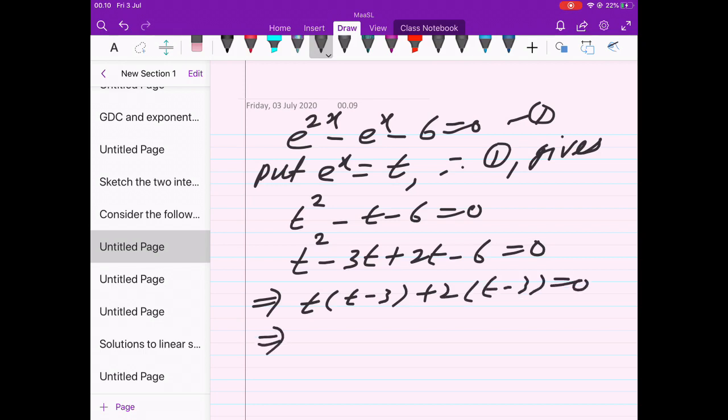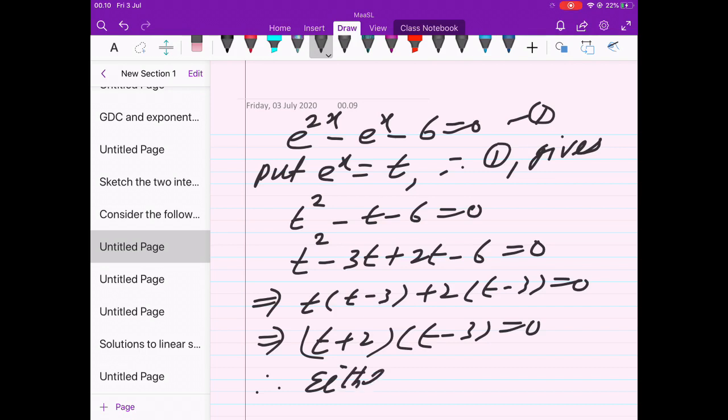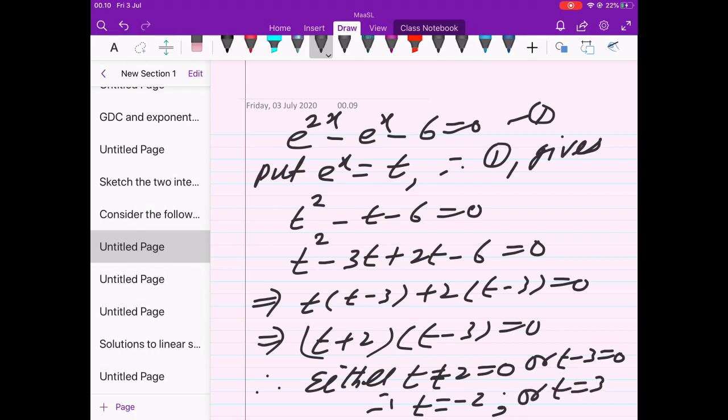This is prior knowledge, so I'm a little faster in this. So either t plus 2 is equal to 0 or t minus 3 equal to 0. Therefore t is negative 2 or t is equal to 3.